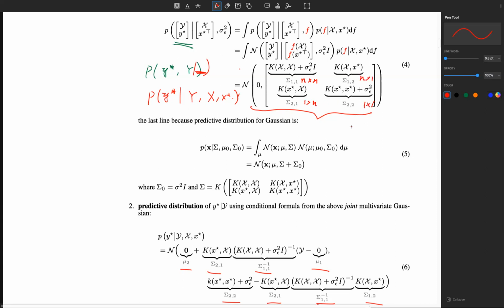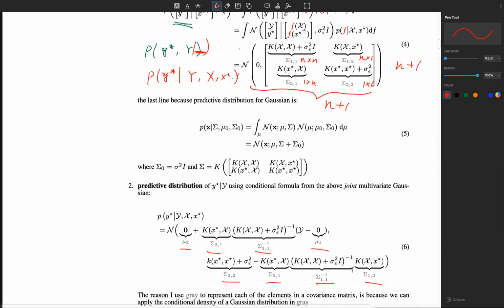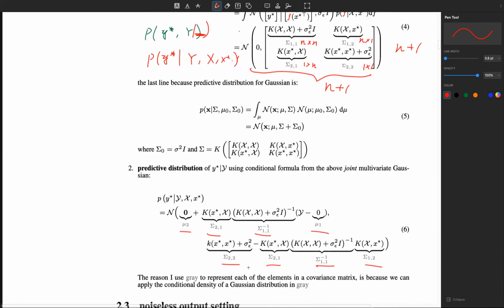So all up you have n plus 1 times n plus 1. That's why they are transposes of each other. I've done nothing except look at Wikipedia and plug in those terms corresponding to each of these elements. That's it. I'm now getting a predictive distribution.